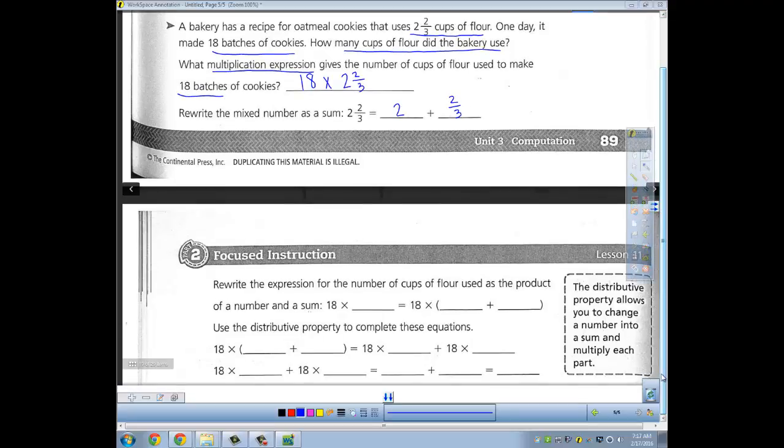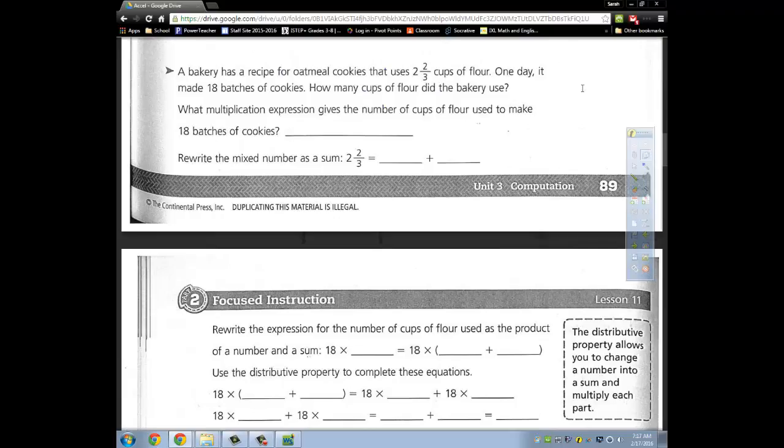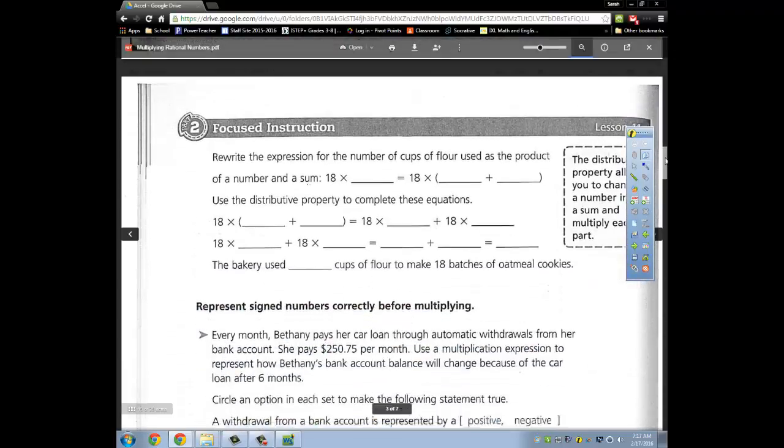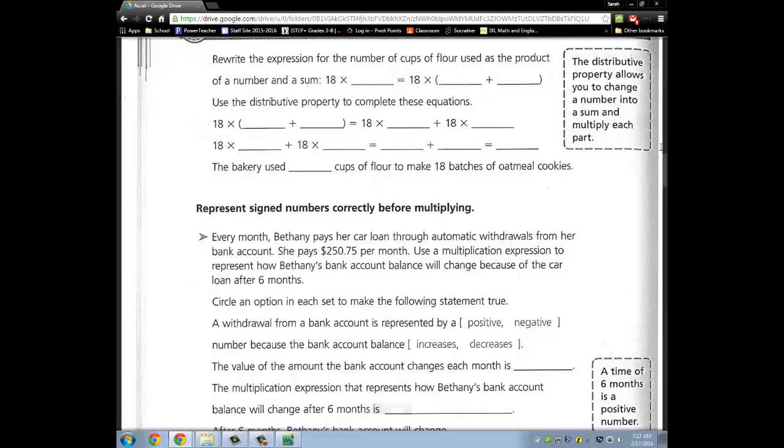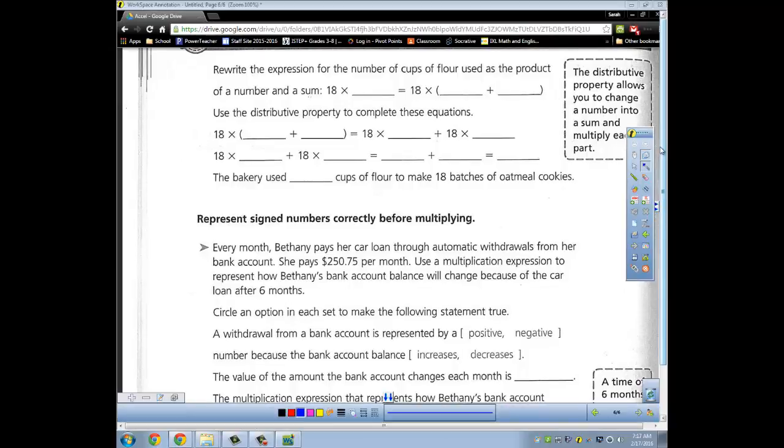Okay, I'm going to go ahead and scroll down. So you should be turning to page 90, please. On page 90 it says rewrite the expression for the number of cups of flour used as the product of a number and a sum. So we had 18 times 2 2/3, but we changed 2 2/3 to 2 plus 2/3.